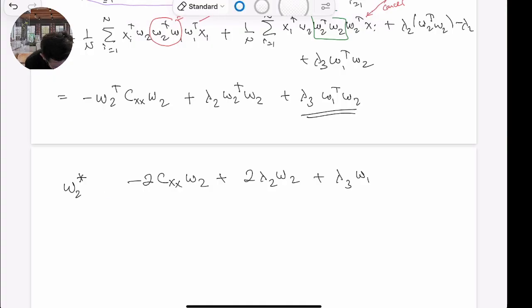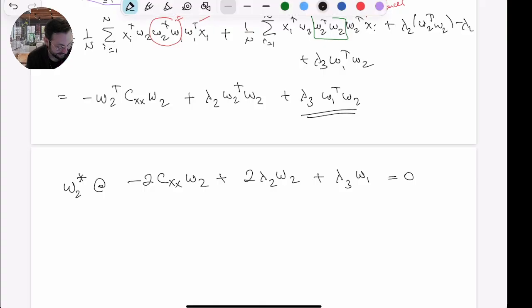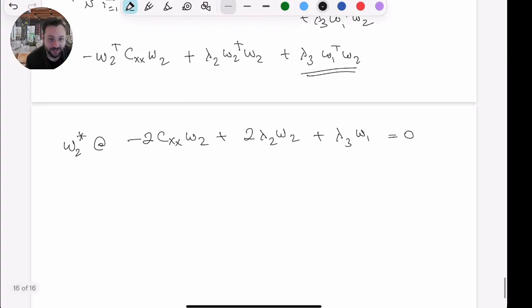W2 star is at the point where this is equal to 0. So I'll have to solve for W2, but I cannot solve it directly. I can only solve it if I multiply by W1 transpose on the left to eliminate some of the things, right?